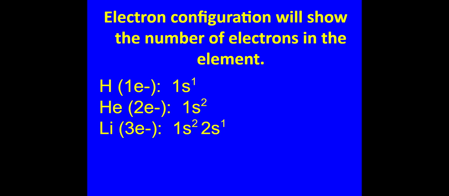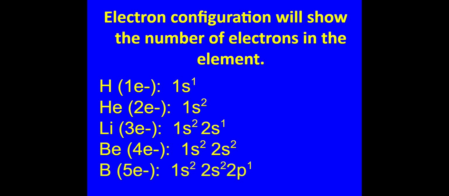It'll list the noble gas that's immediately above the current element. So for lithium, it might say helium, and then after that, 2s1. Beryllium has 4 electrons. Always fill the 1s orbital first, so 1s2, 2s2.